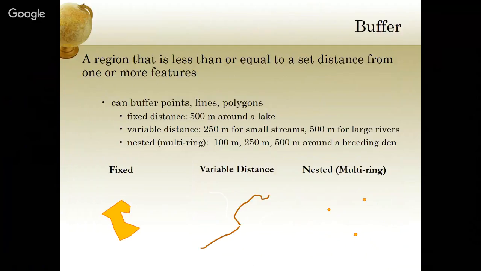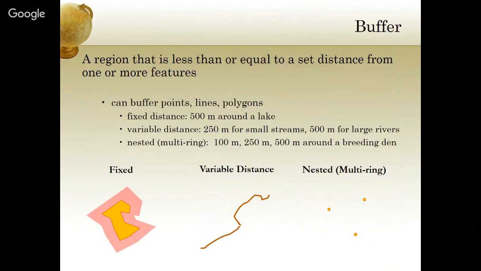So buffers are a very, very common operation here in the GIS. A buffer is a region that's less than or equal to a set distance from another feature. So they could be buffers around points, it could be buffers around linear features, or around polygons. And we can do fixed distance buffers, where we identify the area a set distance all the way from a feature.